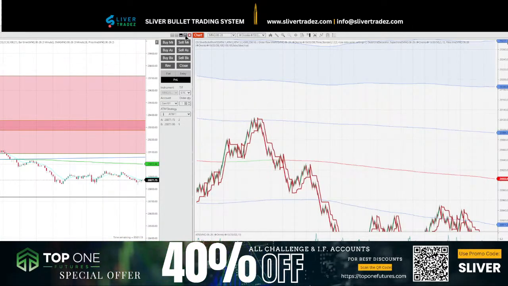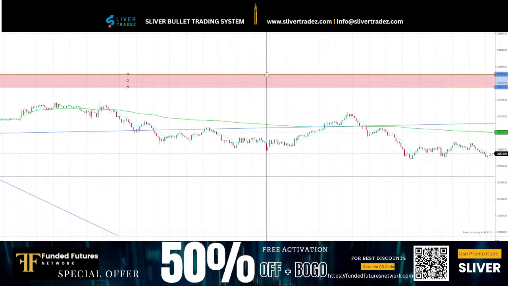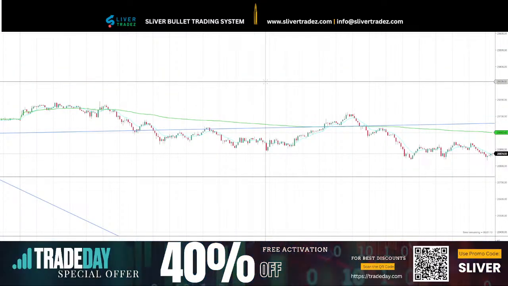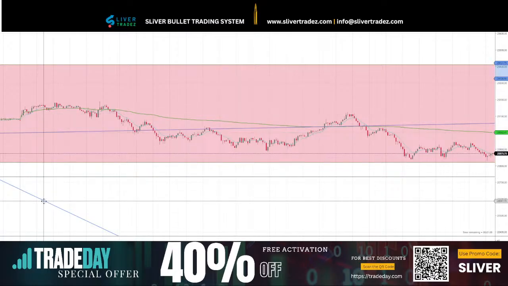So here I'm going to set up my chart. This red band is yesterday's range.